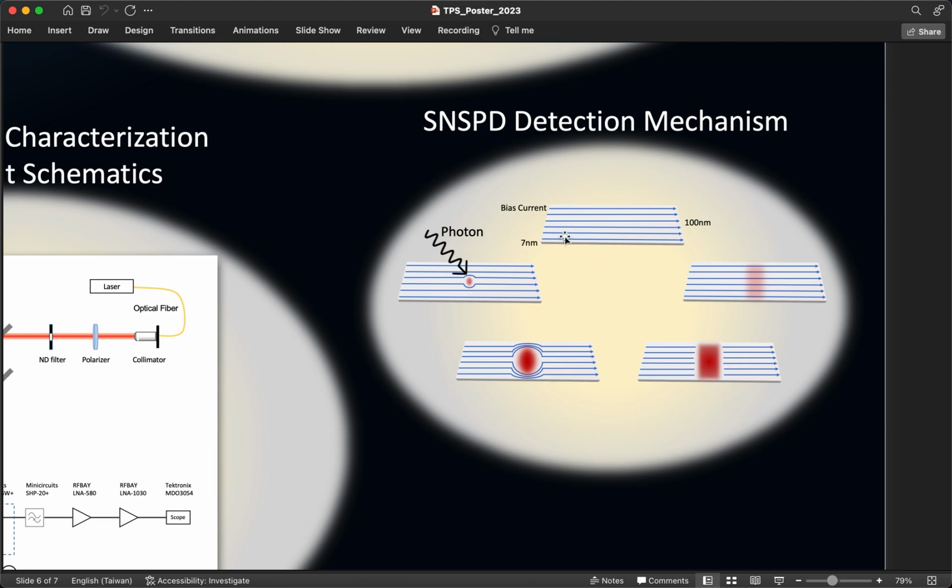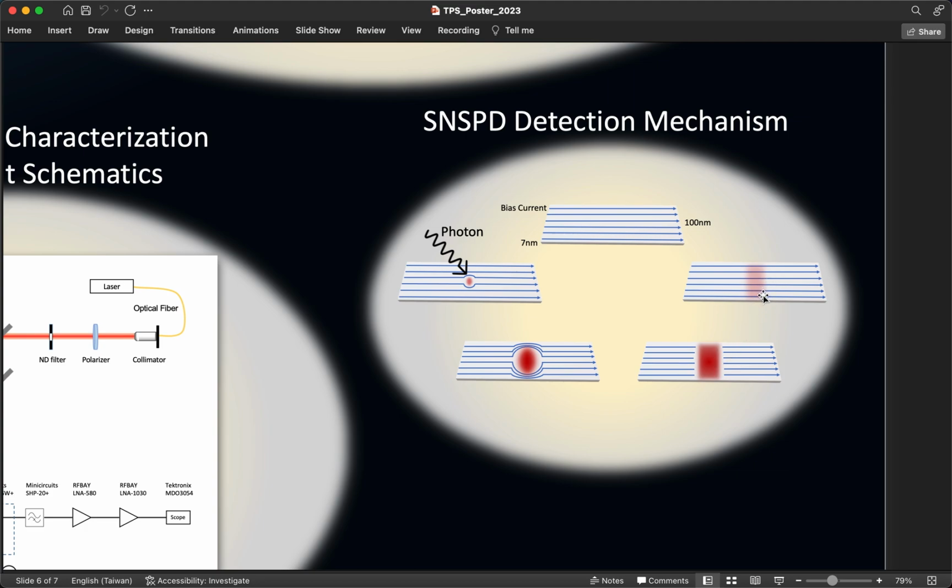We have nanometer wide and thin wires, and we add bias currents to them, and when a single photon hits it, it will cause a hotspot, and the hotspot would expand, and eventually it will break enough Cooper pairs to create an ohmic state, and this is where we will get the signal from.